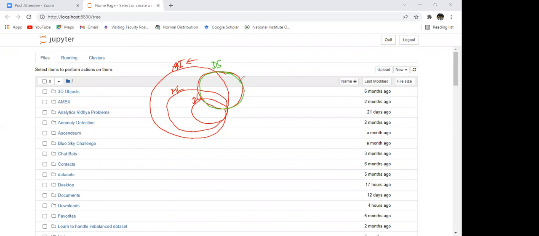Apart from these, data science does cover, as we have already seen, mathematics, statistics, maths and statistics will cover all, data visualization and whatever we have seen prior to this. Here is your data science.